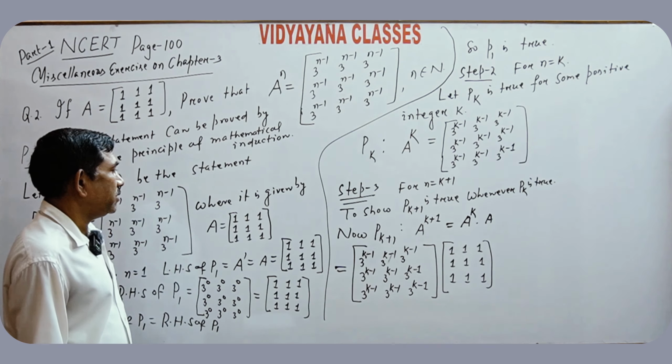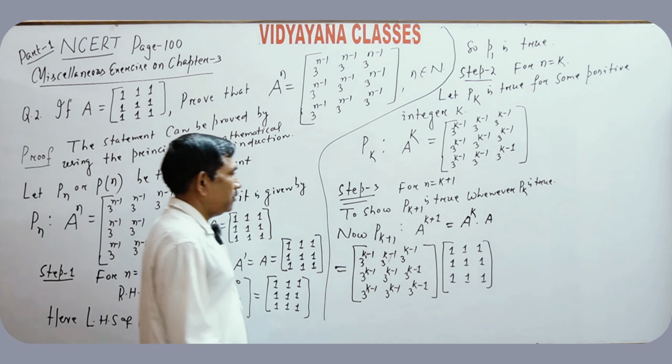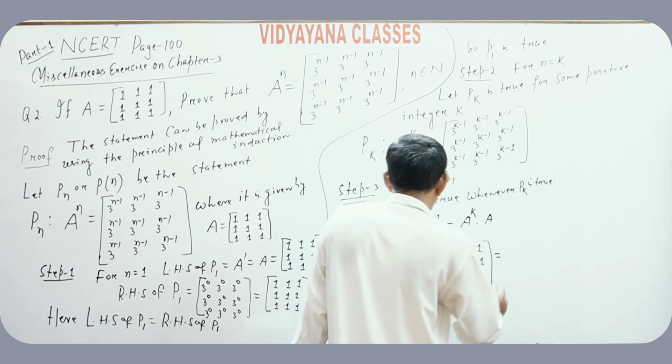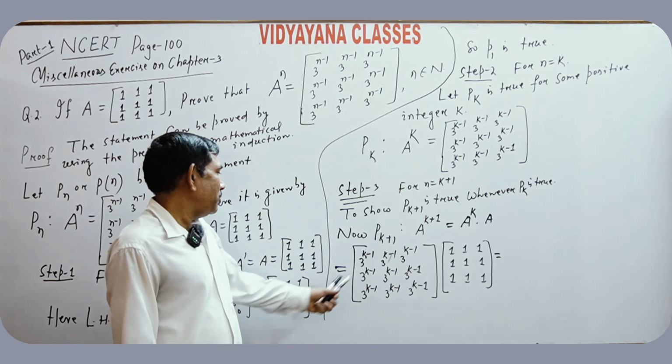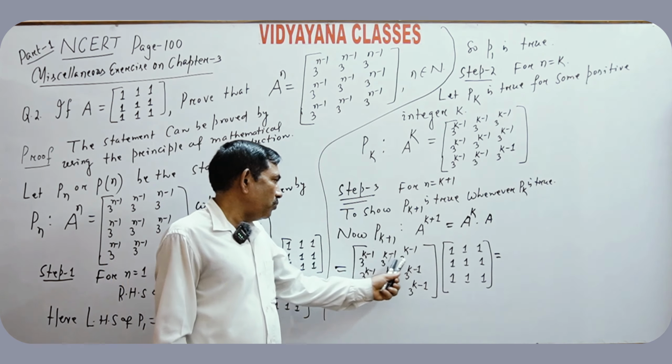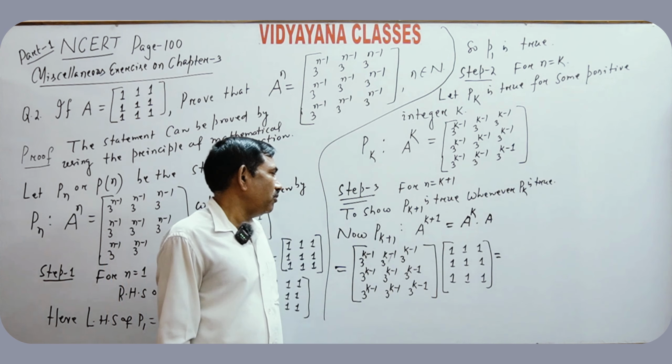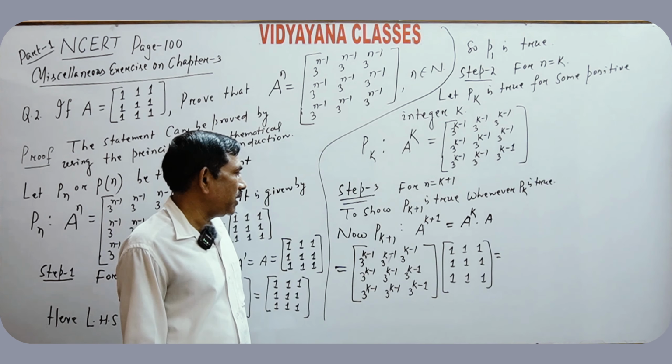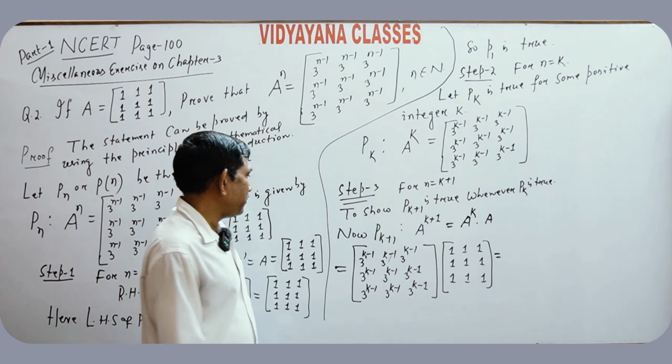By the matrix multiplication rule, go through row 1, come down in column 1, multiply the corresponding elements and add them.